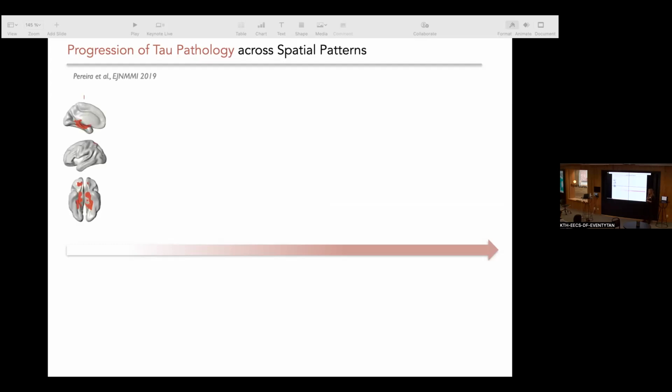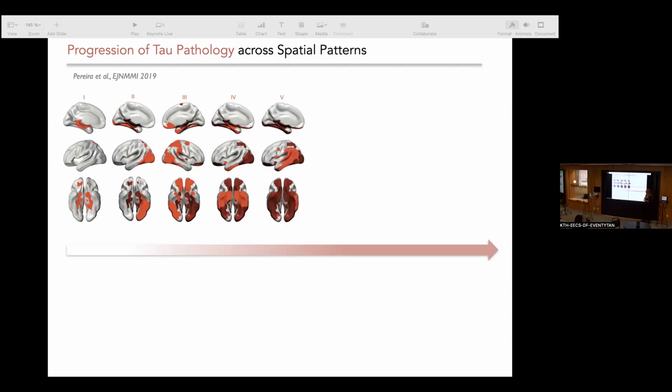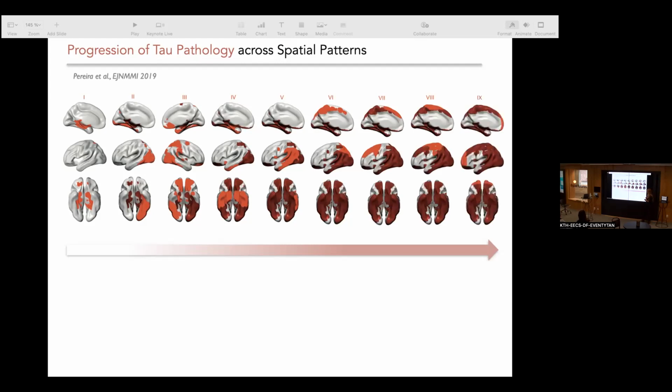The most common pattern included medial temporal regions, which are involved early in the course of Alzheimer's disease, followed by ventral occipital and orbitofrontal regions. Also, a few additional medial temporal regions that were not included in the first pattern. Then lateral brain areas from the temporal and parietal cortex, the medial parietal cortex, the superior frontal gyrus, the sensorimotor cortex, and finally the frontal pole.